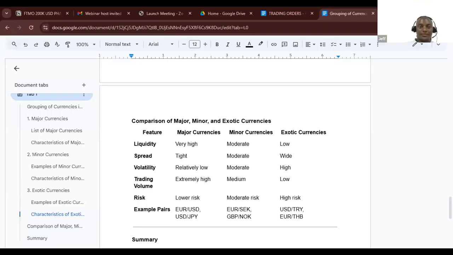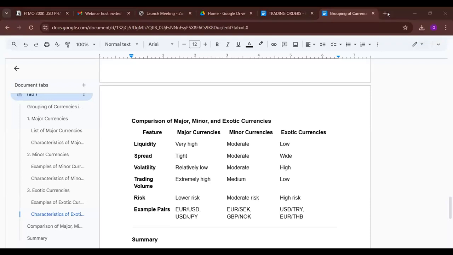With us, I want Purity to take us through how to create a trading account and some of the key features of the MT5, and how we can navigate through the MT5 before you show us how to place our orders.